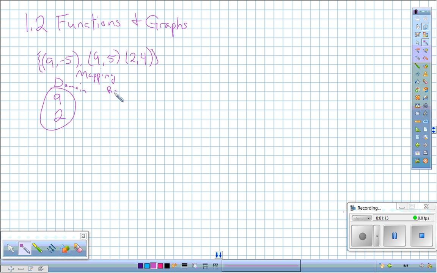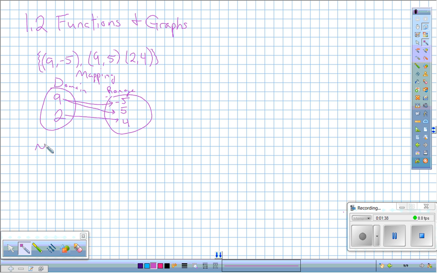My range is -5, 5, and 4. My domain, 9, goes to both of these numbers, and 2 only goes to 4. Okay, the question that they're going to ask us is, is this or is this not a function?